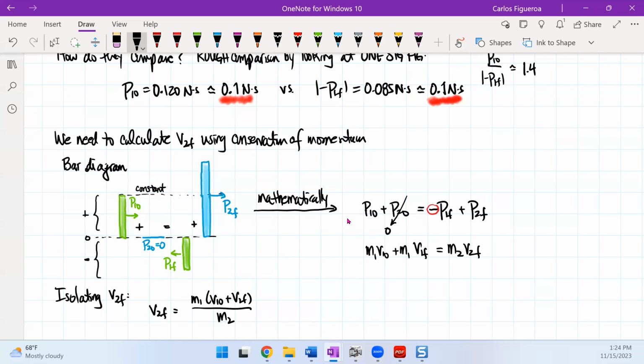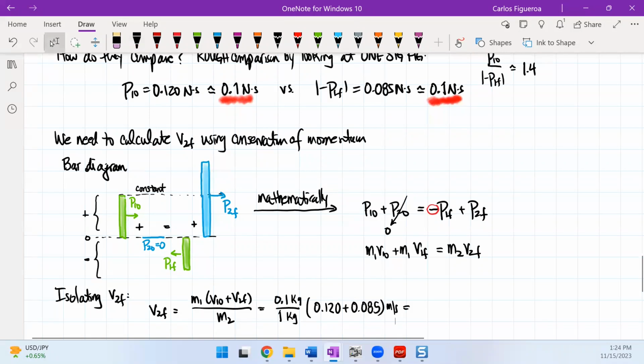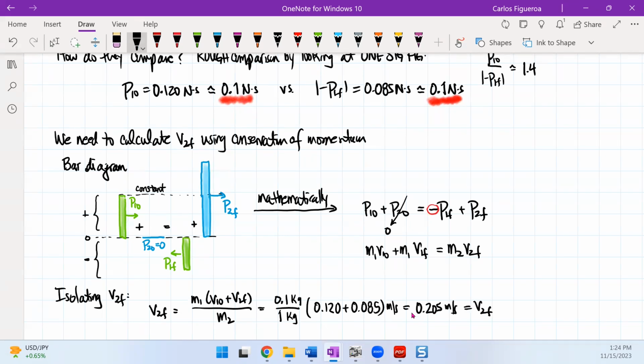So if I put this all together, this is then going to be 0.1 kilogram divided by 1 kilogram, times the speed values, which read 0.12 plus 0.085, in units of meters per second. If I compute that, I'm going to get a speed of 0.205 meters per second for V2 final.